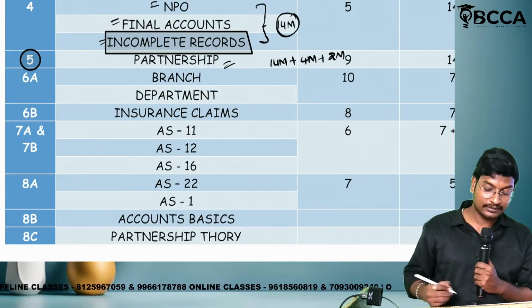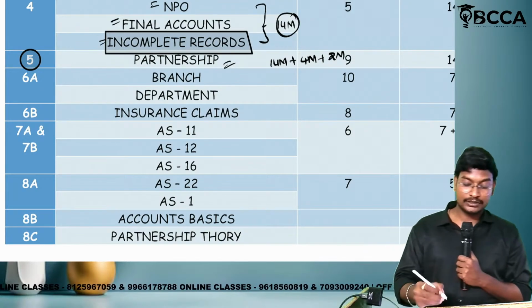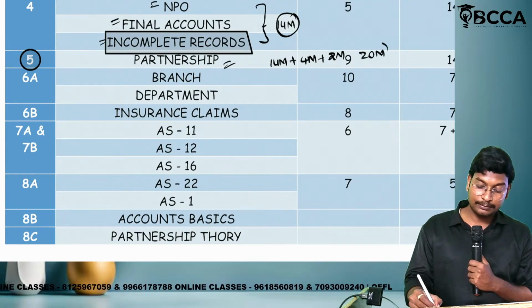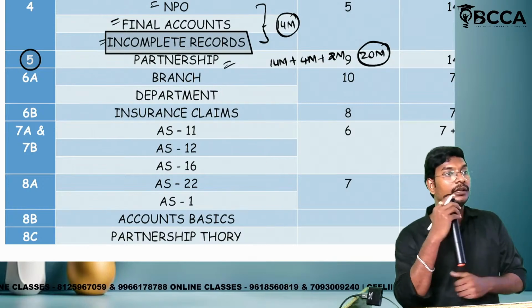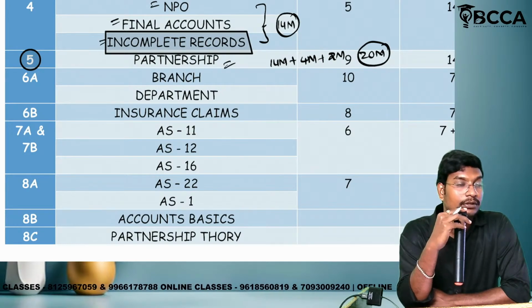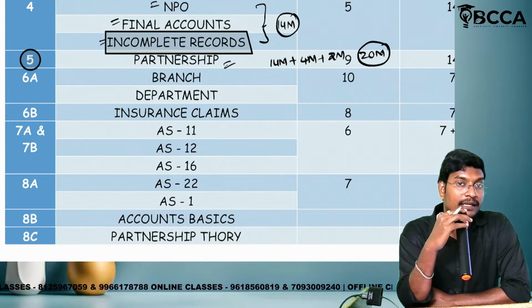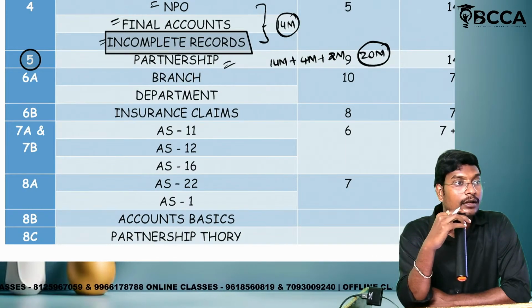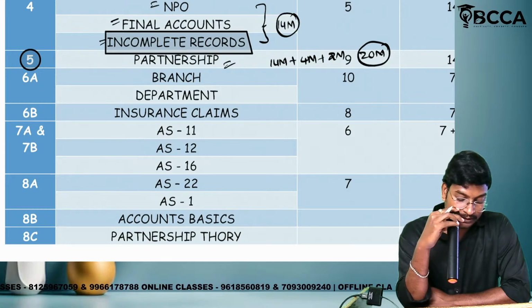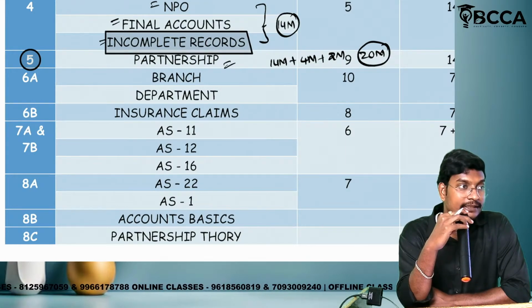Totally partnership around 20 marks. Here not only the admission, not only the retirement and death, they will give some more types of partnership questions. We have to solve all the types of partnership questions. Easy only. If you follow the steps, we will get the answer in the easiest manner.